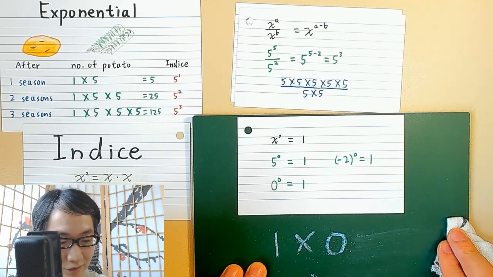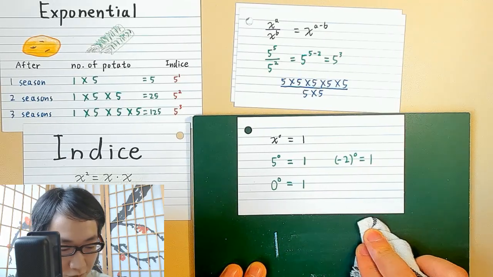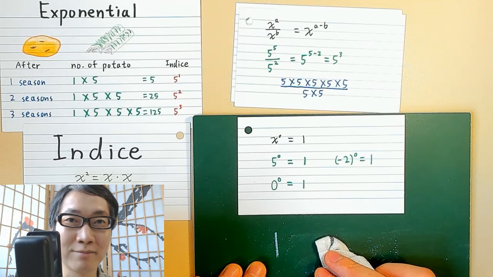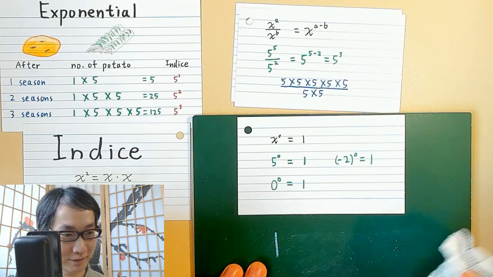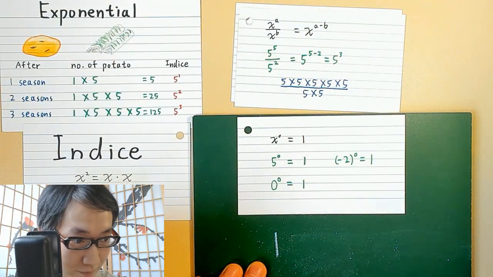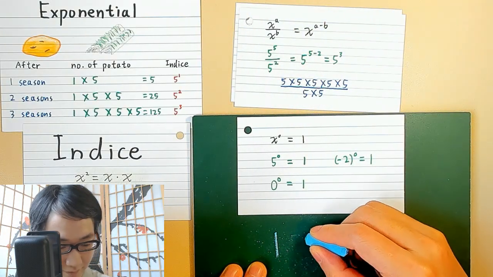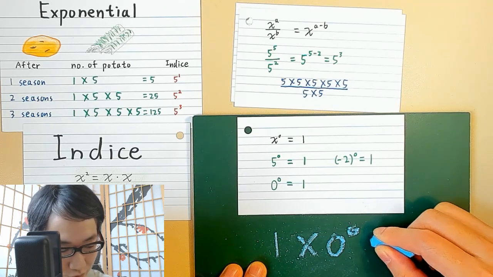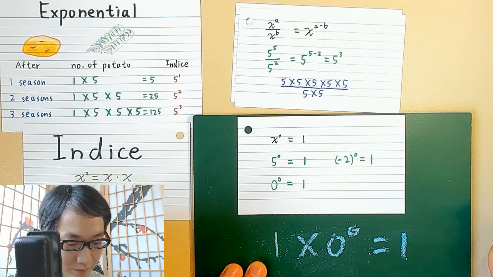This is 1 season. This is 0 season. We did not plant the potato, so the potato is saved. And that's why we have 1.